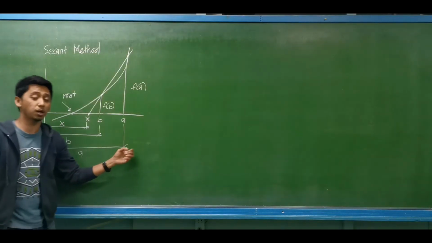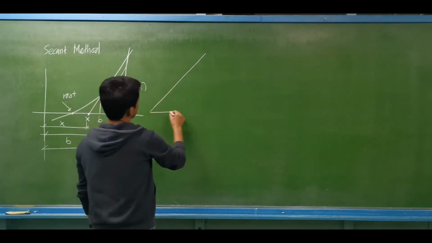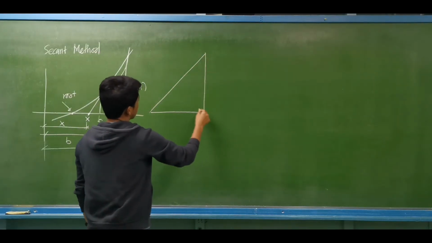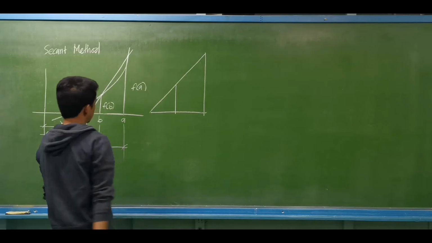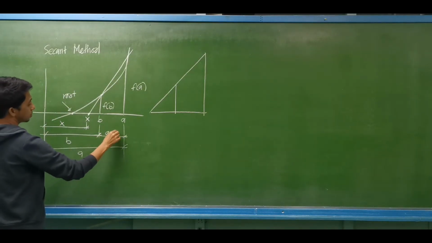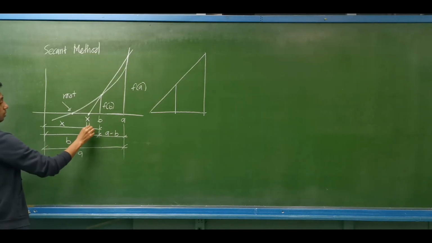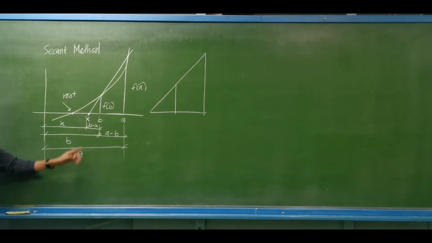If we are to do ratio and proportion of similar triangles, what is this distance? That is the same as a minus b. This one is the same as b minus x.